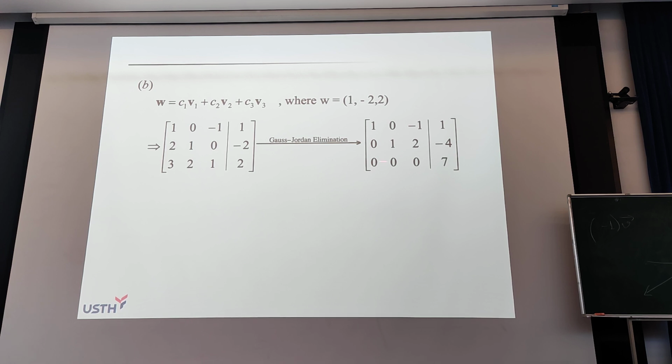But if we look at the last row here, it gives us a nonsense claim, because that cannot happen. 0 cannot be 7, or 0 is always different from 7. So the system has no solution. It means that w is not a linear combination of v1, v2, and v3.